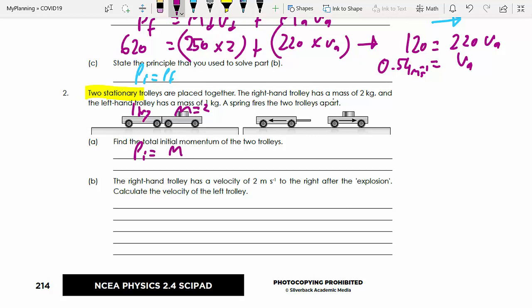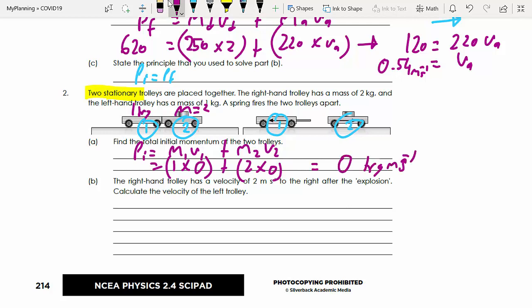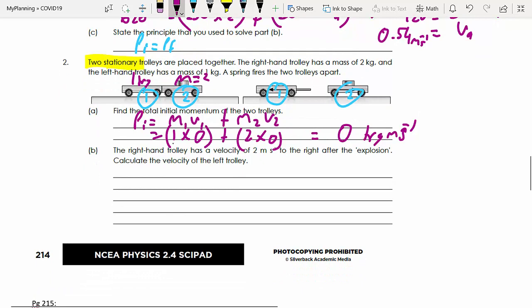Pi equals m1 v1 plus m2 v2, with this one number 1 and this one number 2. Mass of 1 but a speed of 0, plus a mass of 2 times a speed of 0, and anything times 0 is 0 kg m s minus 1. You probably could have figured that out just by reading the question.